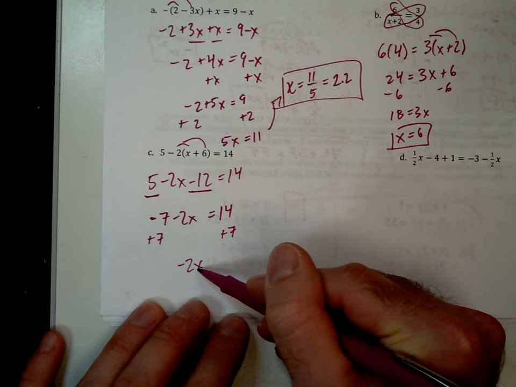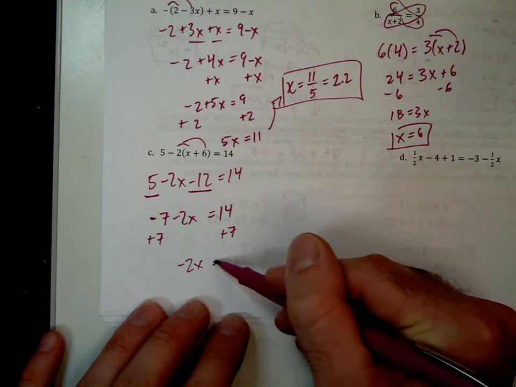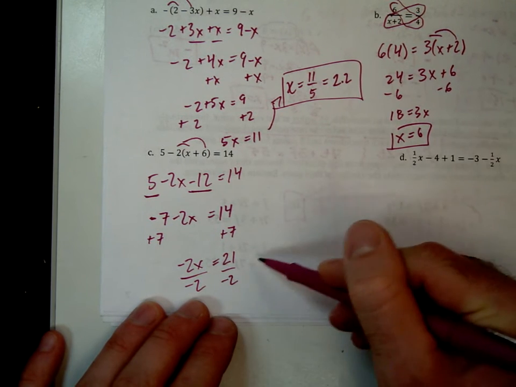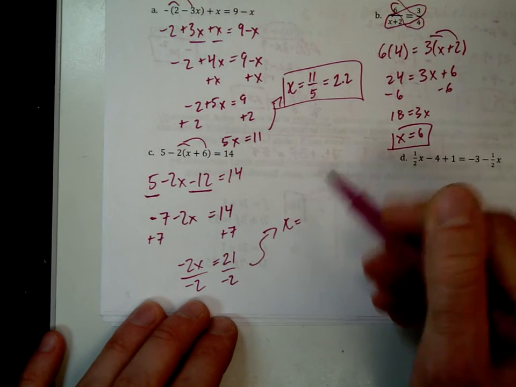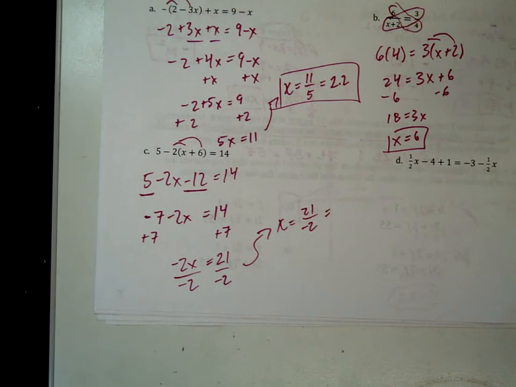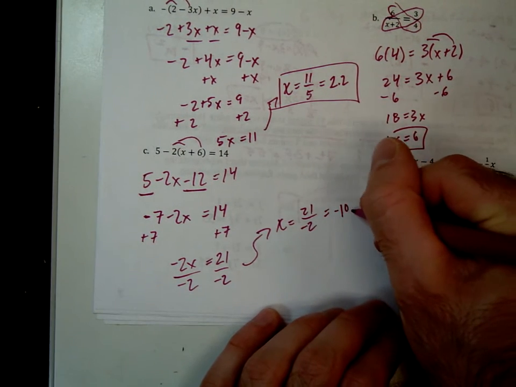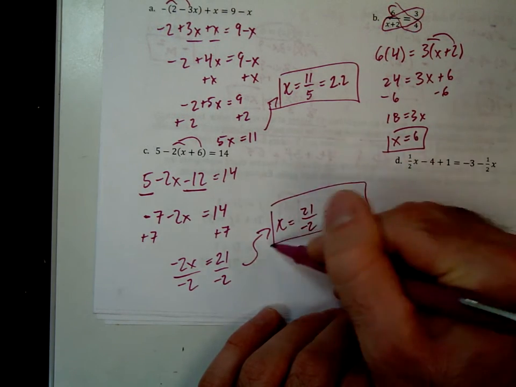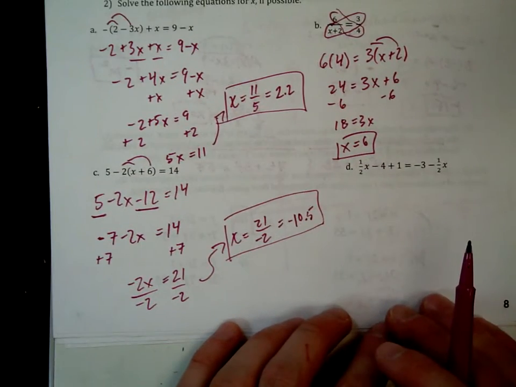Now I've got negative 2x equals 21. Divided by negative 2, divided by negative 2. x equals 21 over negative 2, which is also equal to, I'm going to go with negative 10.5 on that one. Hopefully that's right. Oh, fractions.